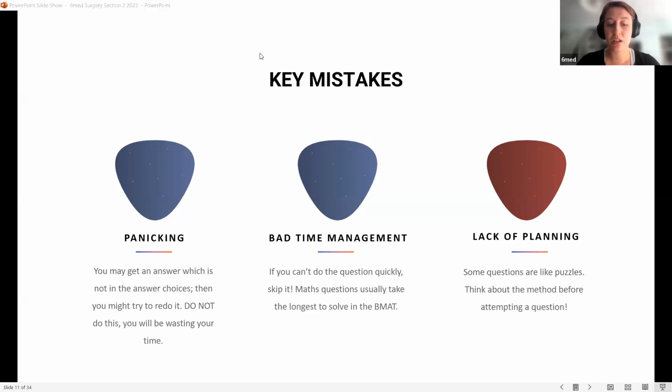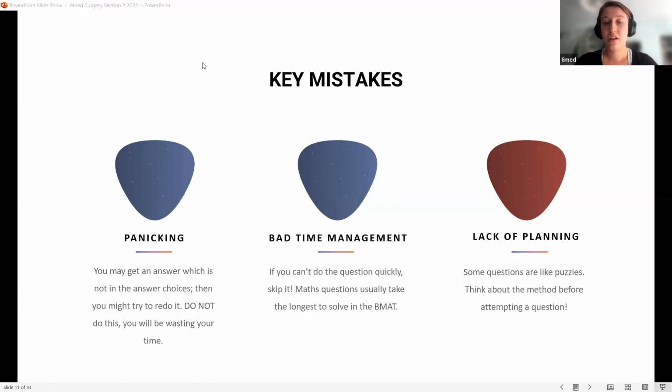So that's something to remember as well: when you're practicing, don't just do only maths questions because they're probably going to take you longer. You need to be doing practice across all sections to average out to a minute a question.